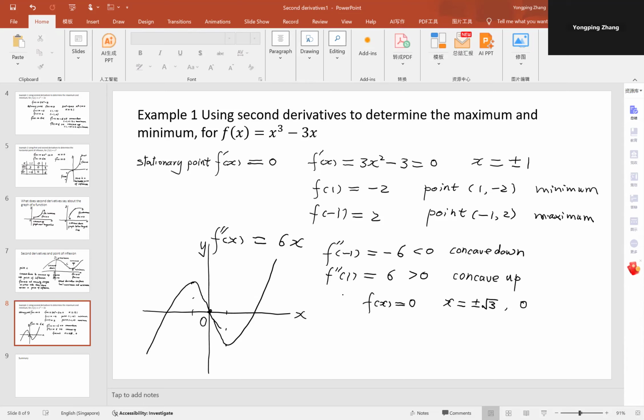This part is concave down, this part is concave up.